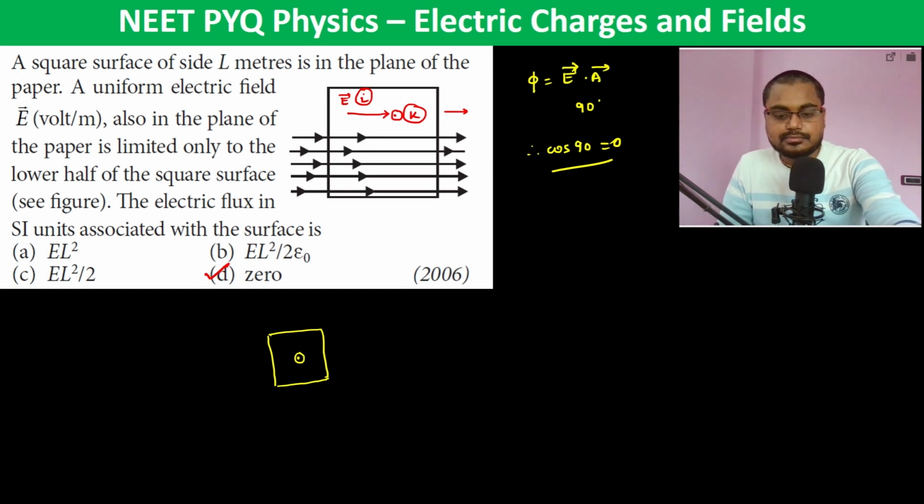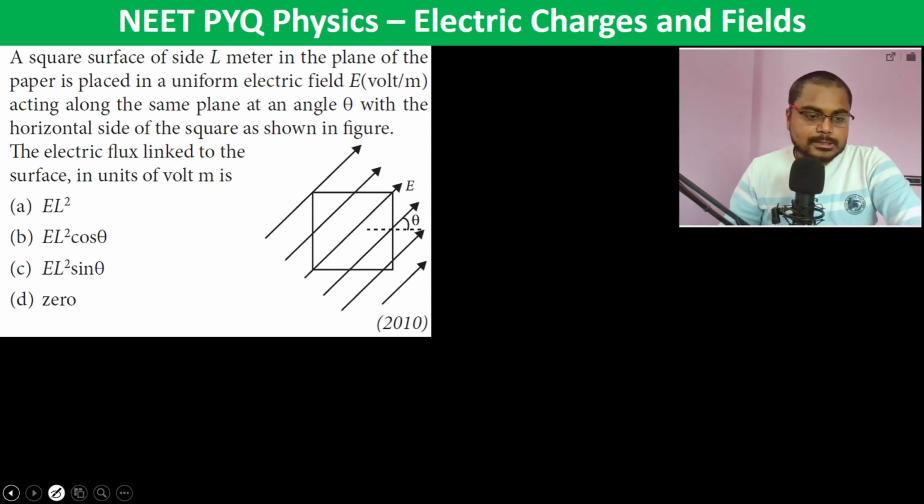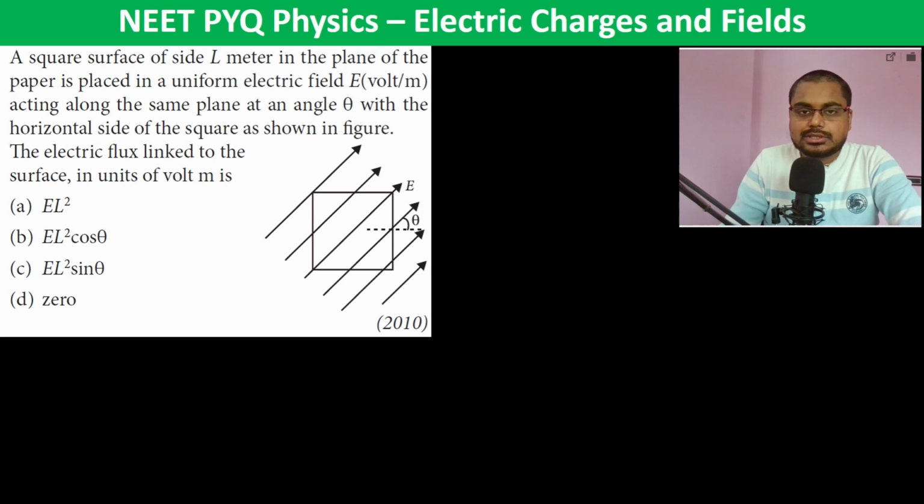Thank you. The square surface of side L meter in the plane of the paper is placed in a uniform electric field E, acting along the same plane at an angle theta with the horizontal side of the square as shown in the figure. The electric flux linked to the surface in units of volt meter is. What is flux?